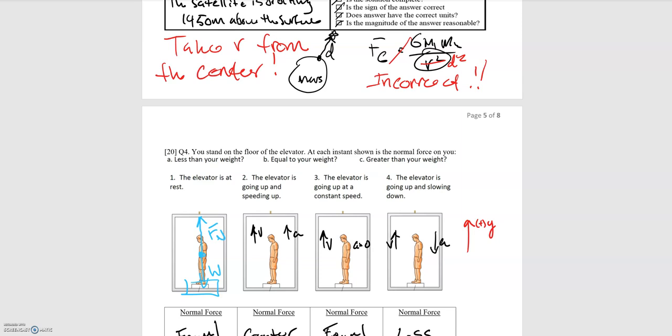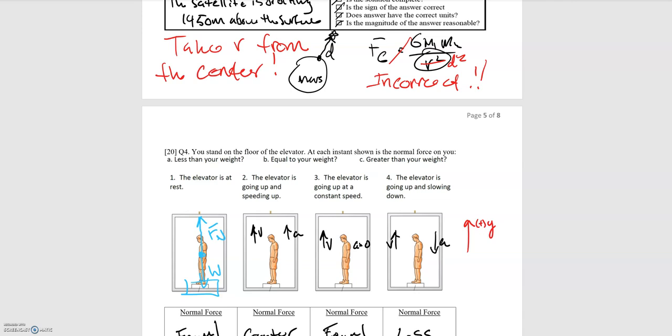It's going to differ from your true weight, which is when you're at rest. So the weight is always the same, determined directly from your mass.